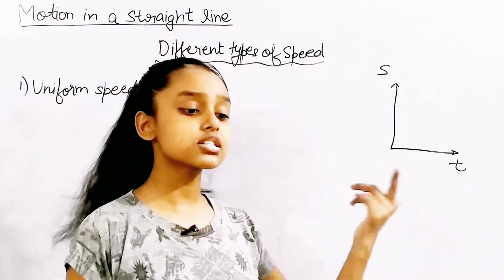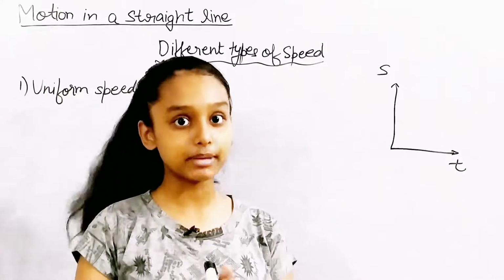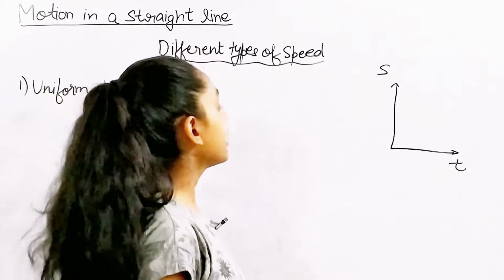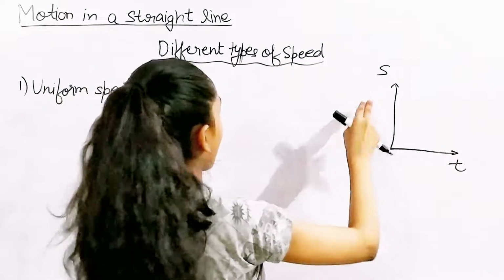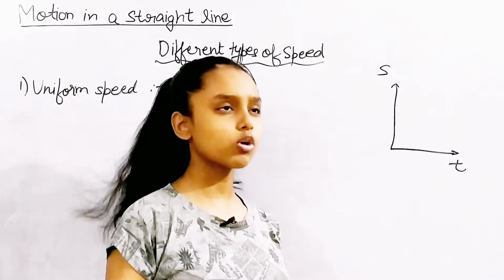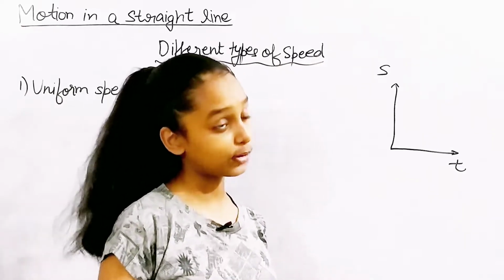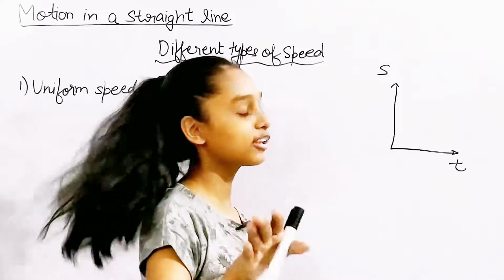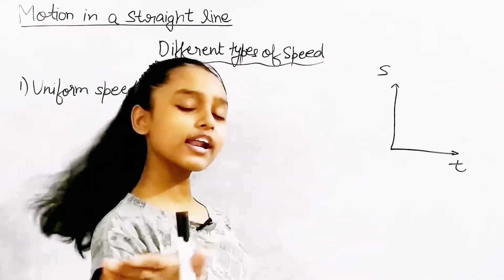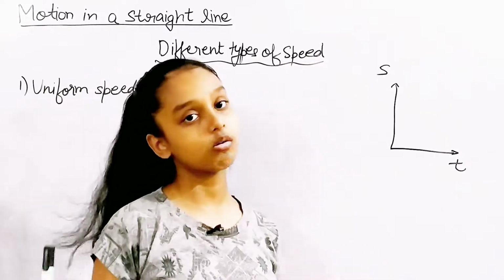What is the SI unit of distance? We all know it's meter. And the CGS unit? Oh, you don't know the CGS unit? Don't worry, I'm not going to discuss this now. Whatever we're discussing is not related to the CGS unit or SI unit.